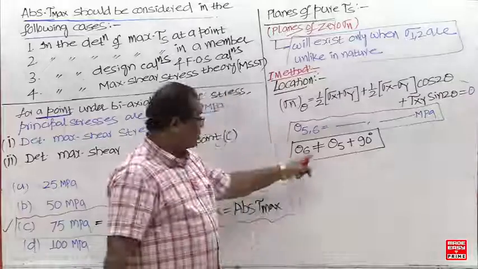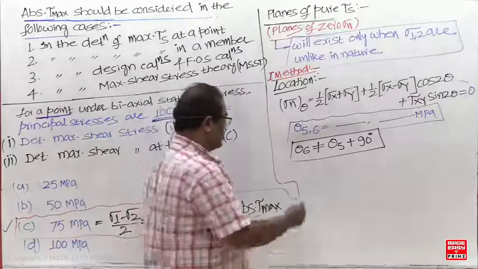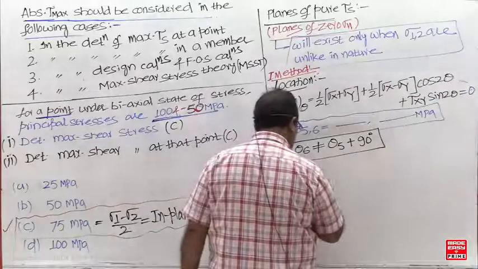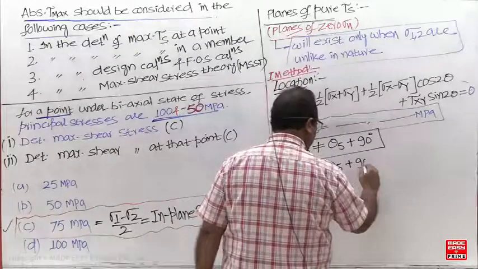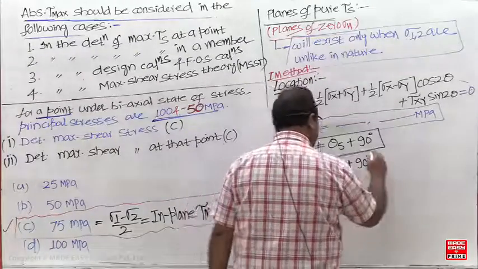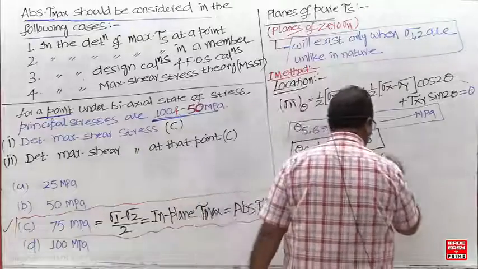Theta 6 is not equal to theta 5 plus 90. This is valid when now?